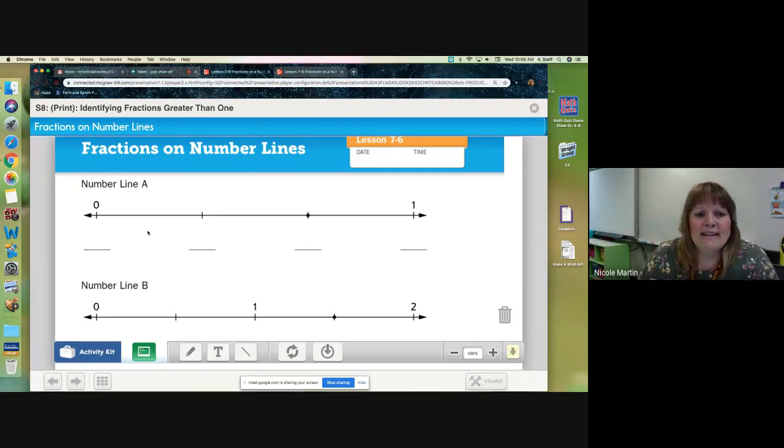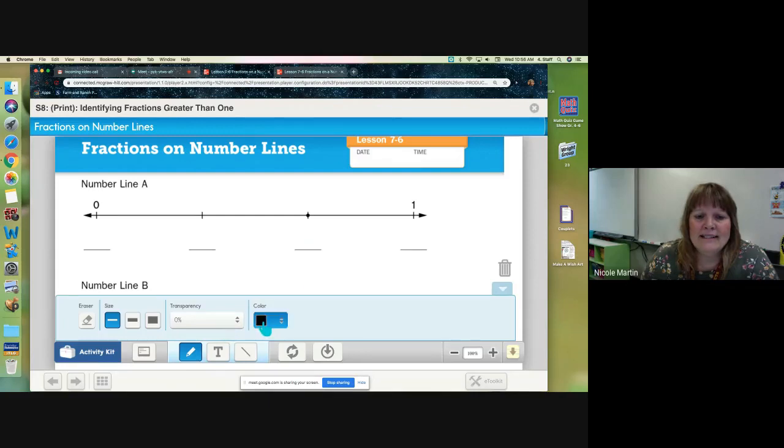When we look at this, the most important thing is to take a peek at how many parts each fraction line is put into. We see that this number line starts at 0, and then it's making 1 hop, 2 hops, and then 3 hops. So there are 3 equal parts.